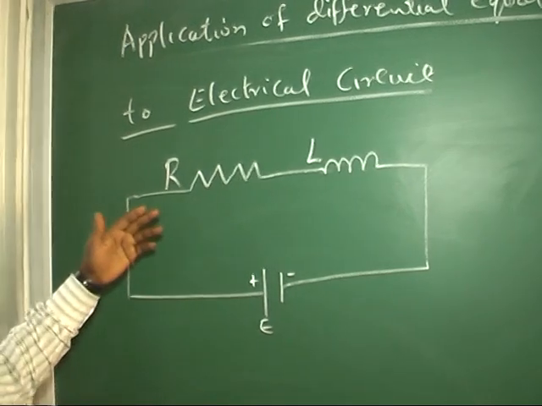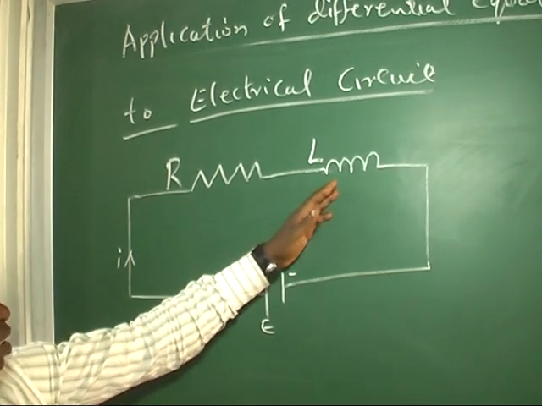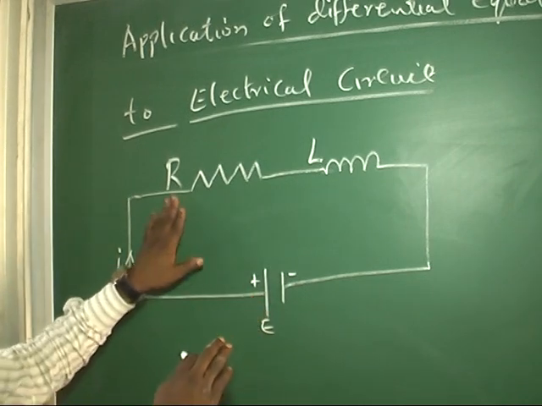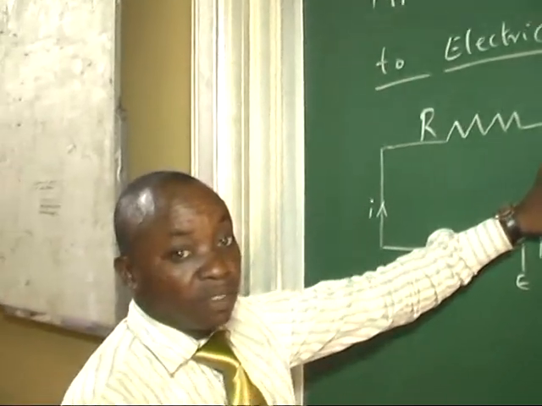It can also contain just resistor and inductor. But I'm taking the one that contains the resistor and inductor.